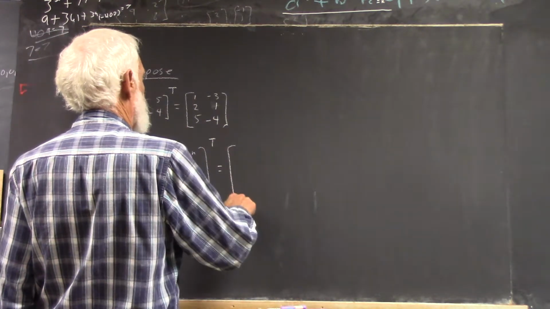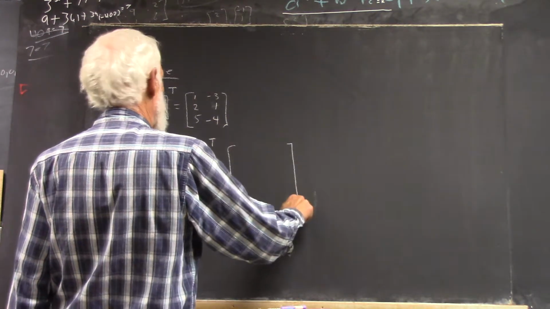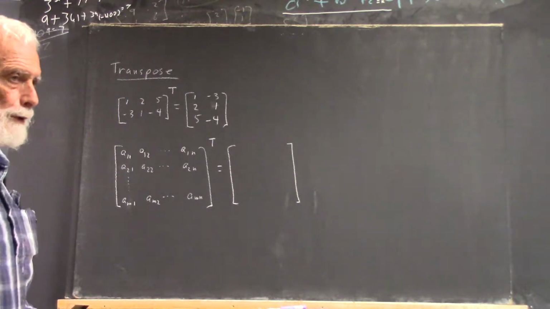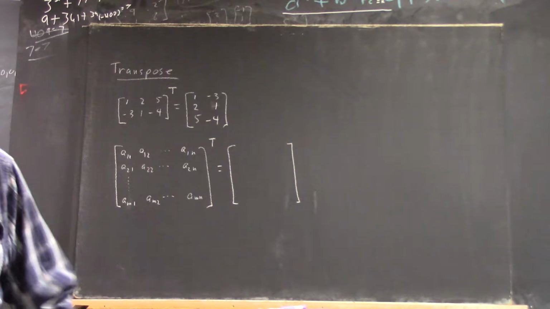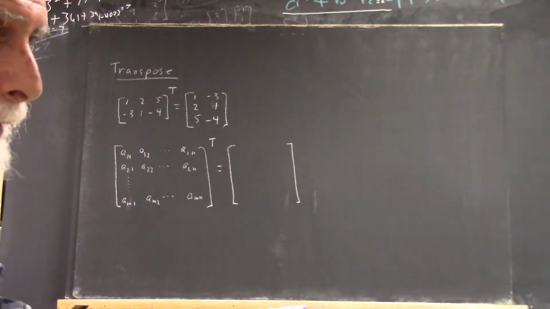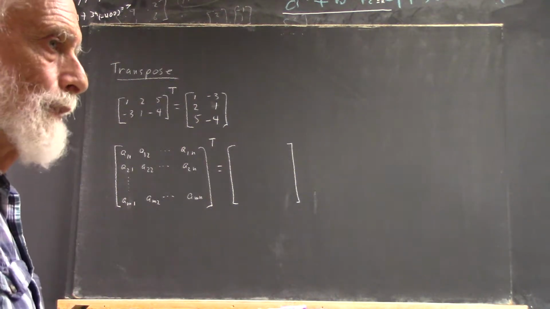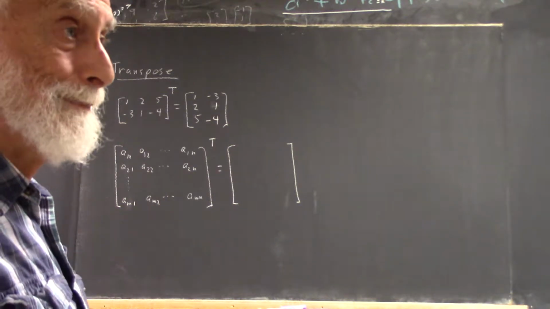So write out for me what you think that transpose would be. Just write the transpose. Don't copy down what I had. Just write what you think the transpose would be.